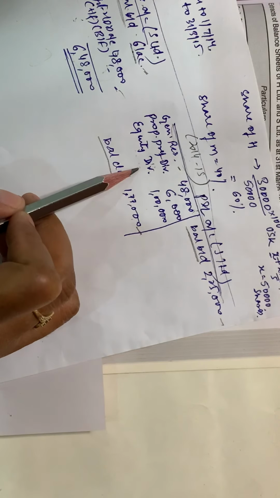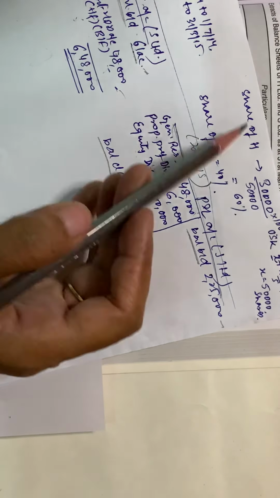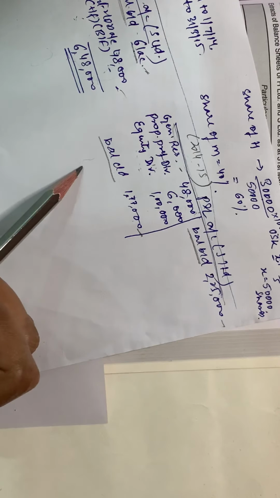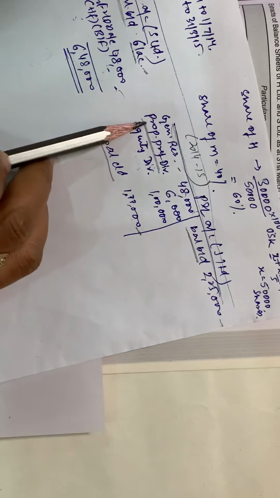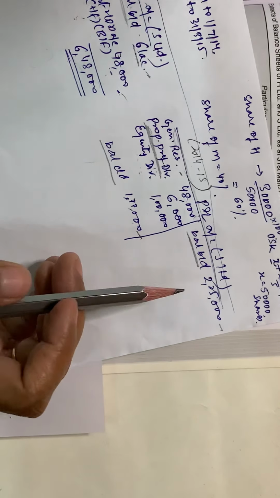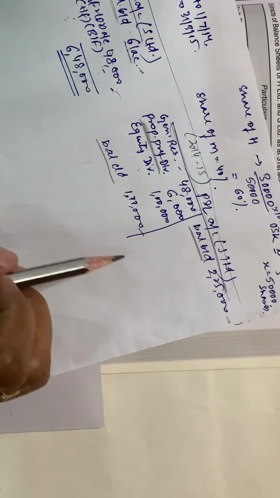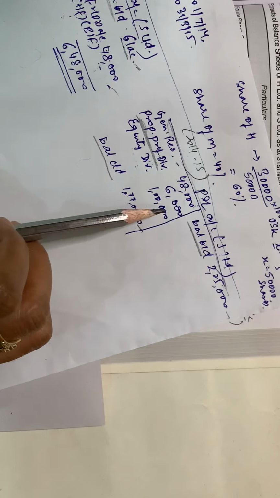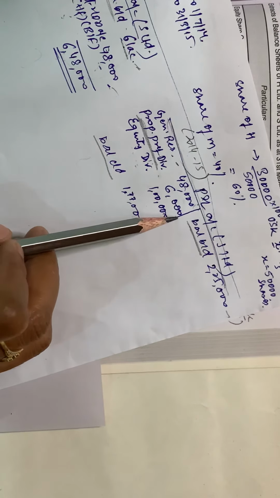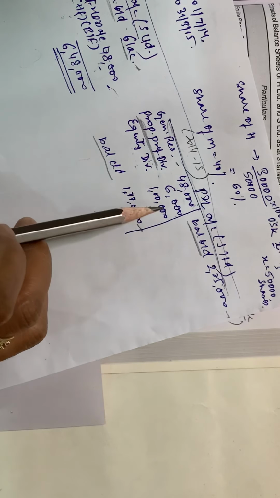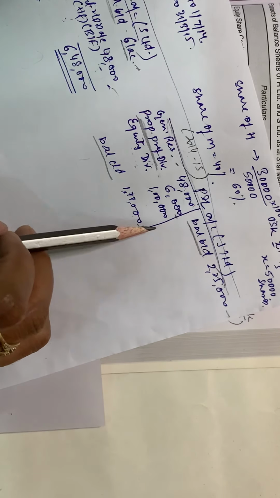Equity dividend also is already given to you in the question, has been done. But proposed preference dividend was not given to you in the question. Moreover, all these figures are not inclusive of the fact that this 6,000 has not been adjusted.